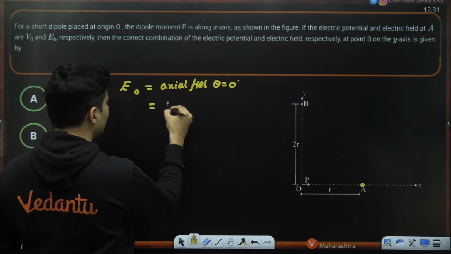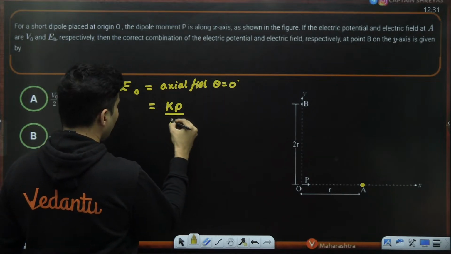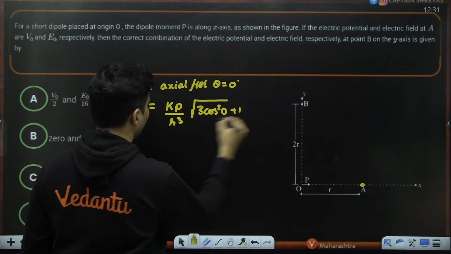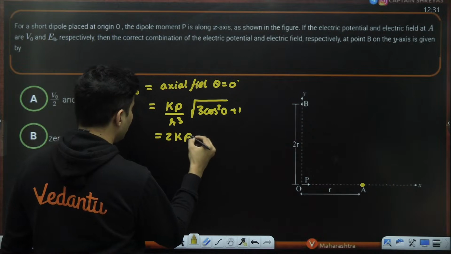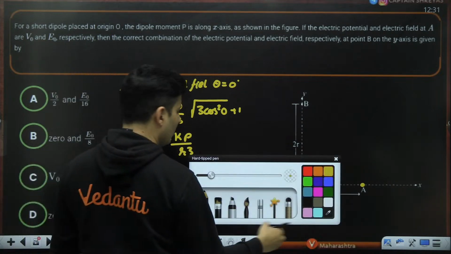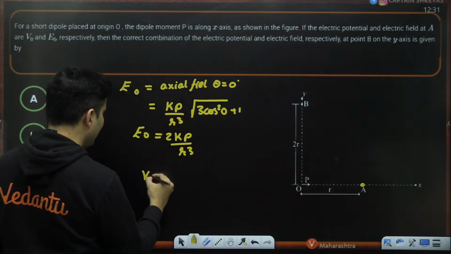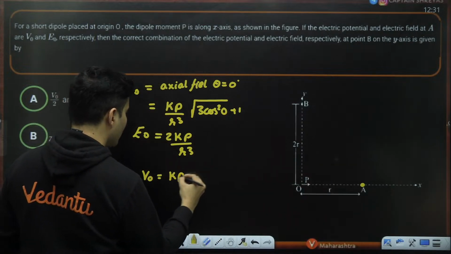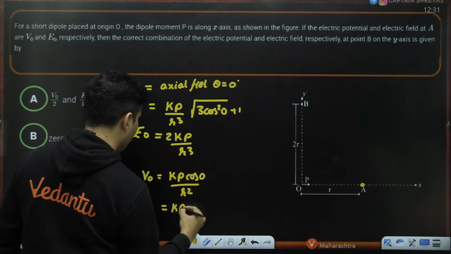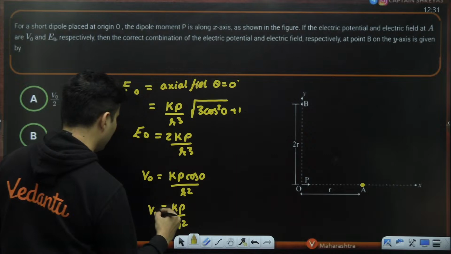So that will be Kp by r cube times 3 cos square 0 plus 1, which is 2 Kp divided by r cube. That is your E naught. Similarly, V naught will be Kp cos 0 divided by r square, which is just Kp divided by r square.